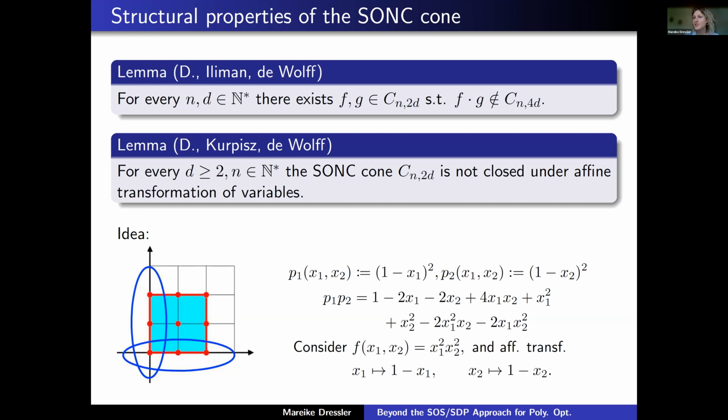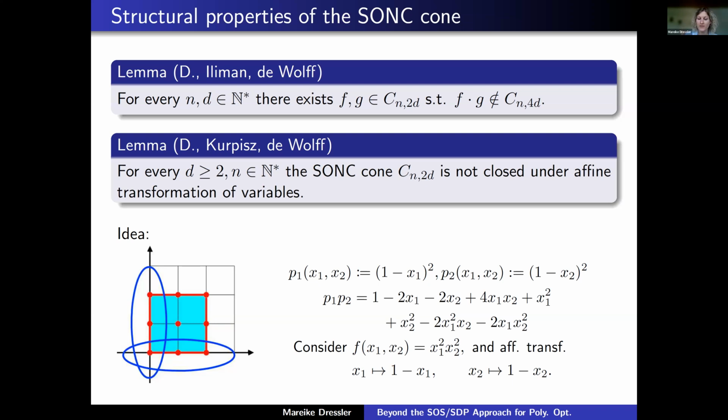But this has advantages and disadvantages. Clearly, a choice of representation has to be done very carefully with this approach, which can make the process of algorithm design, for instance, more demanding. But on the other hand, even a small change of representation might allow to find a SONC certificate or maybe simplify an existing one.